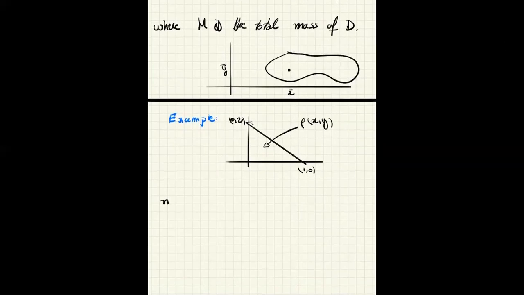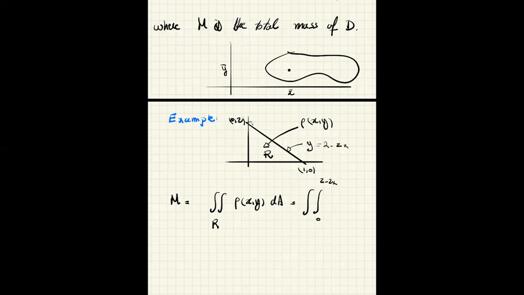The total mass would be the integral over R of this function dA, which would be the integral from 0 to 1 of the integral from 0 to 2 minus 2x, because this is the line y equals 2 minus 2x, of this function dy dx.